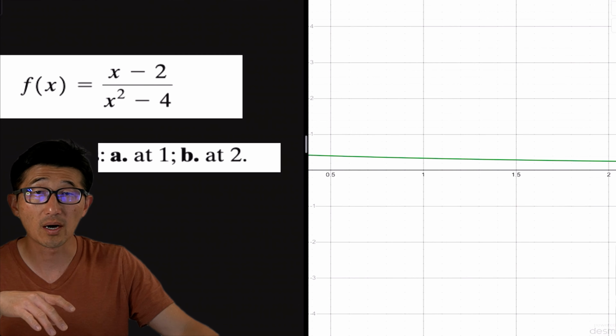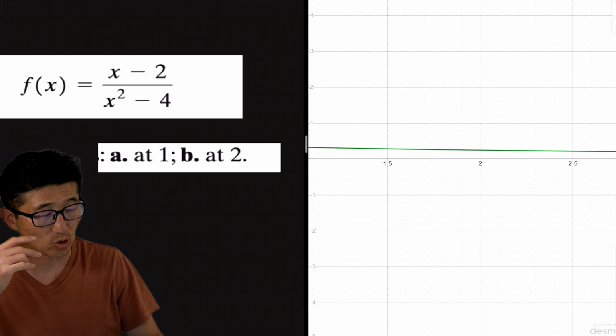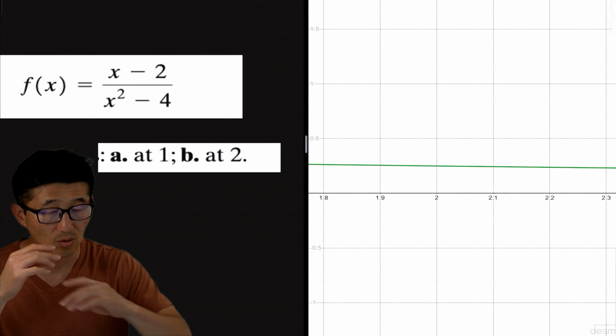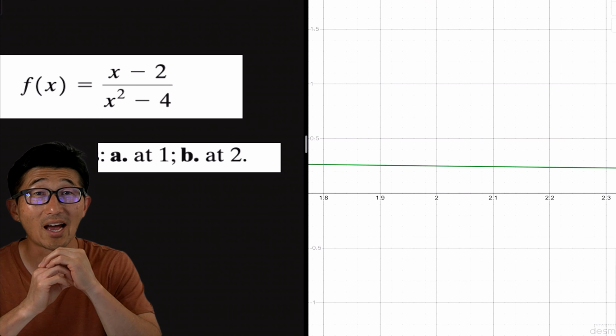Okay. What about at x equals 2? This is actually a trick question. This one is actually very, very tricky.